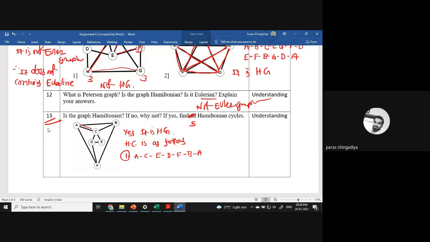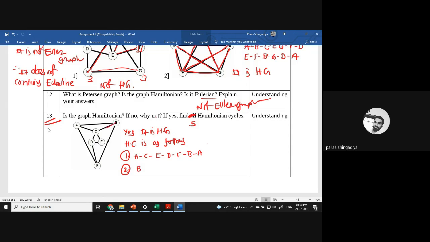From A you have to reach C, from C to E, D, F, B, and A. All the vertices are included. Now create a second Hamiltonian cycle by changing your starting place, and find another route. Use other edges and complete one cycle. So let's start with B. B is my starting point.